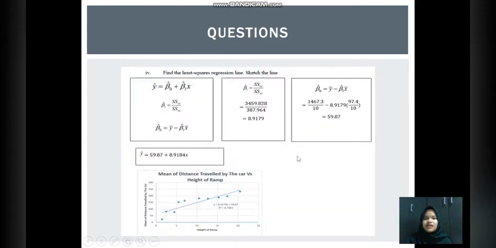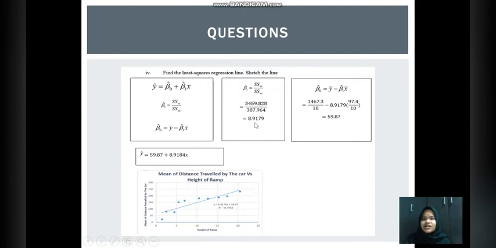Next, find the least square regression line and sketch the line. For the regression line, we use the formula y equals slope b1 times x plus the y-intercept. To find the slope, we divide the sample sum of xy by the sample sum of xx.